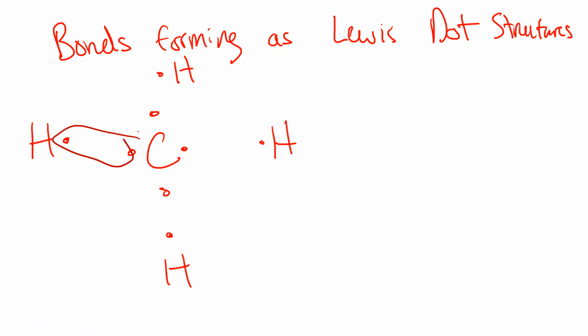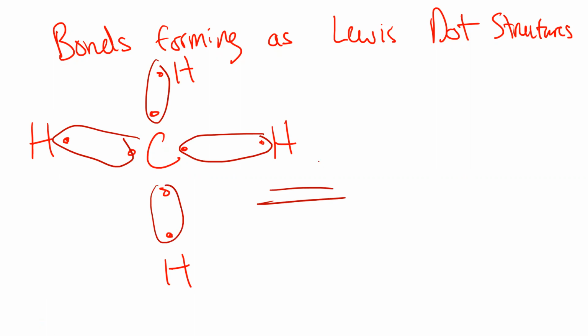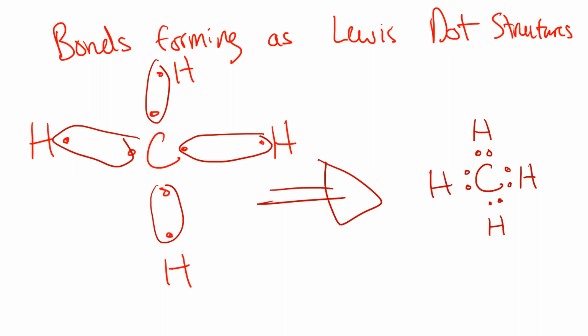And we'll pair up these electrons, pair up these electrons, pair up those electrons, and pair up these electrons to get this dot structure, the molecule, like so. This has a couple of different names.